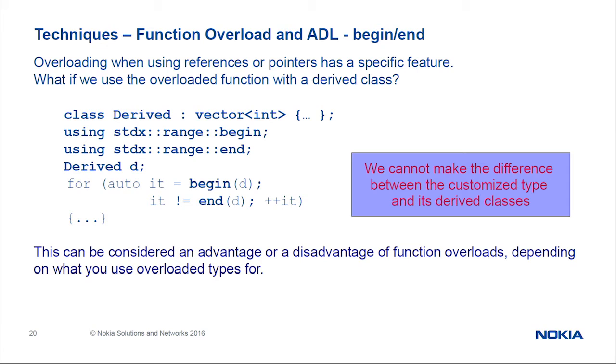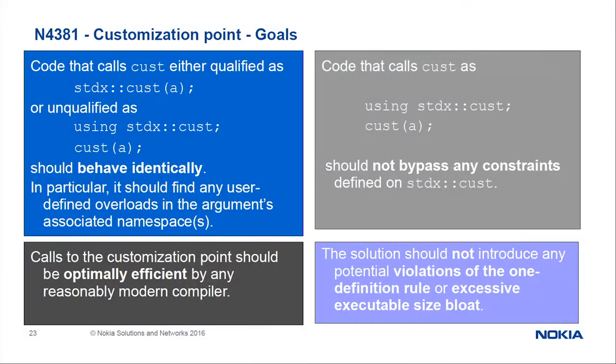And sometimes this could be great, sometimes it is not what we would expect. I am not saying that it is something absolutely risky, but people need to consider that when they overload begin, we will have this overload for any class that derives from this class.